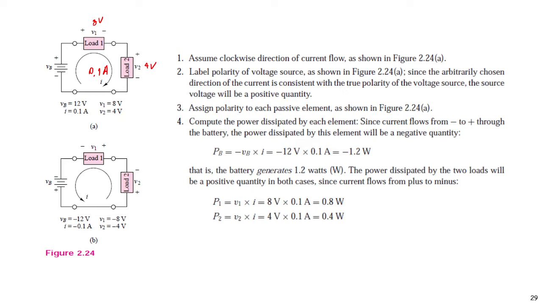Power dissipated being negative means it is generated power. Then the power of load 1 and load 2 we can compute as 0.8 watt and 0.4 watt. It's positive, which means they are consuming power.